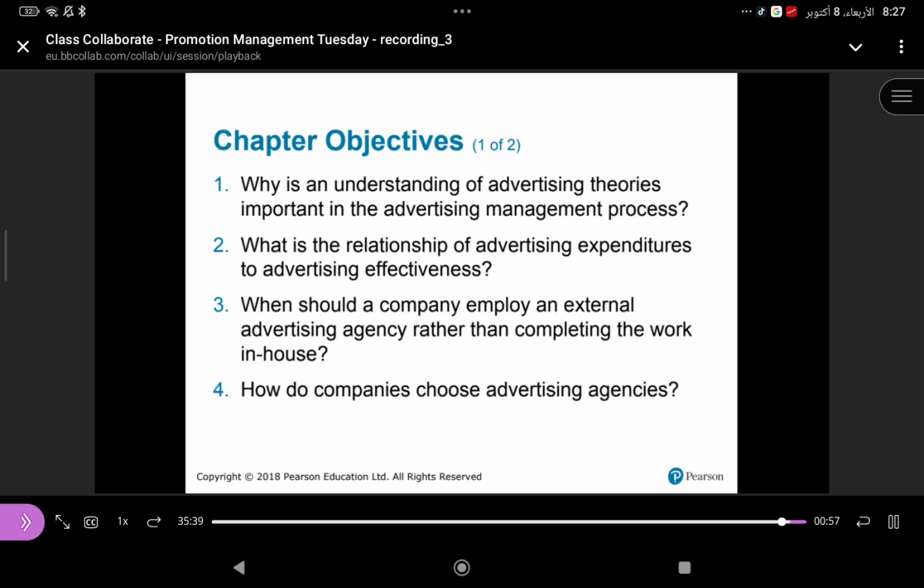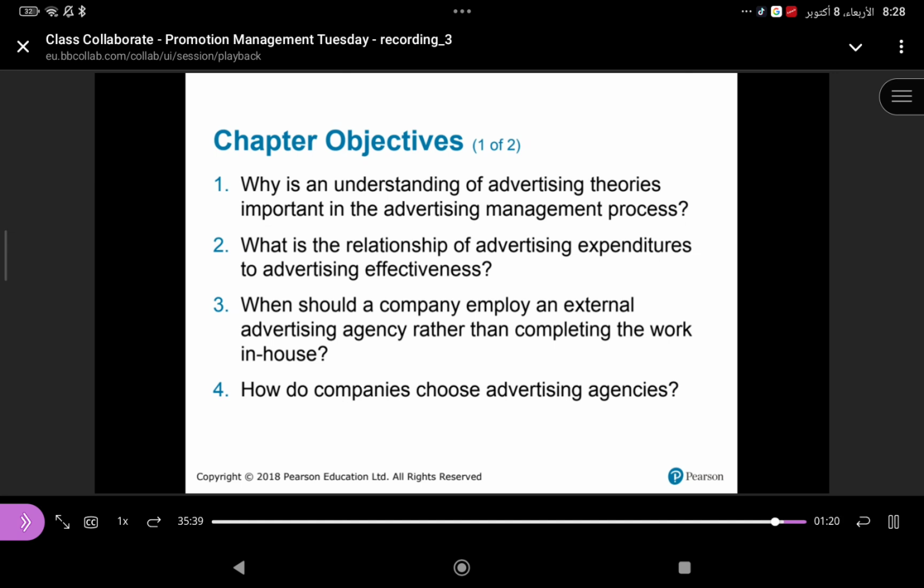When we talk about why it is important to understand the concept of integrated marketing communication, you can say it is more or less related to the combined effect on the customers.